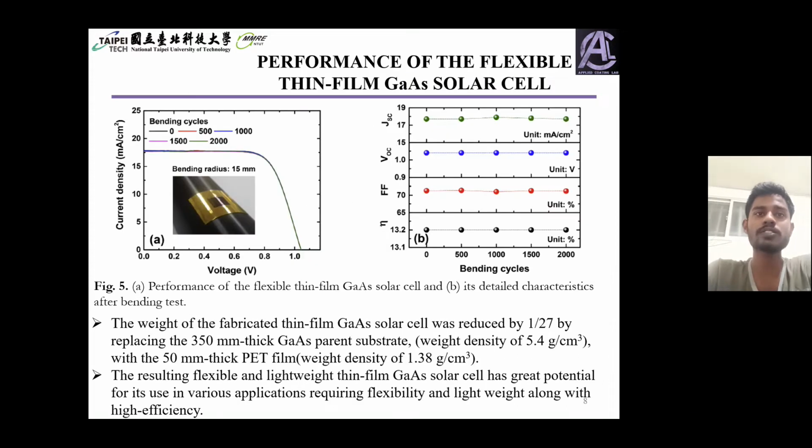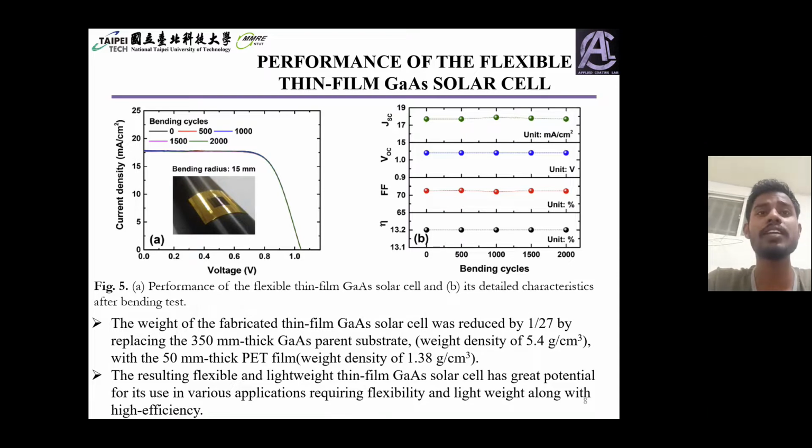The next one is the performance of the flexible thin film gallium arsenide solar cell. To analyze the flexibility and mechanical stability, the fabricated thin film gallium arsenide solar cell is shown in Figure 5A. The performance of the thin film gallium arsenide solar cell stays the same up to 2000 cycles continuously, which shows the stability and robustness of the material.